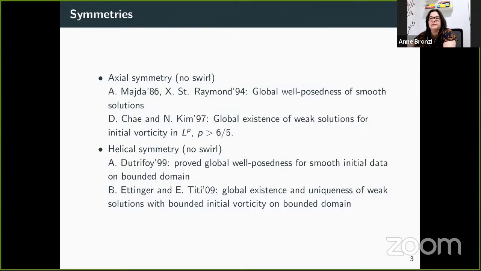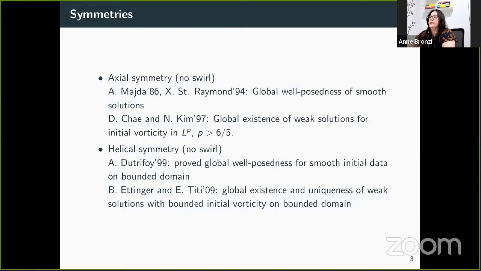The first mathematical result on these helical flows was due to Dutrifoy in 1999, and he proved the global well-posedness for smooth initial data on a bounded domain. And a little bit more recent, not so recent anymore, in 2009, Ettinger and Titi proved the global existence and uniqueness of weak solutions with bounded initial vorticity on a bounded domain.